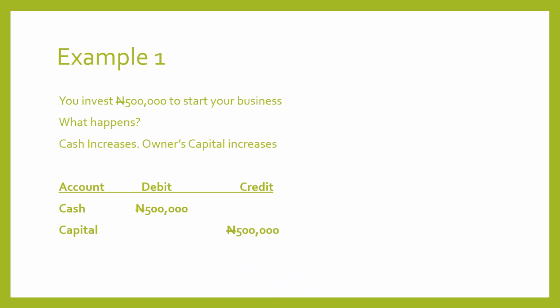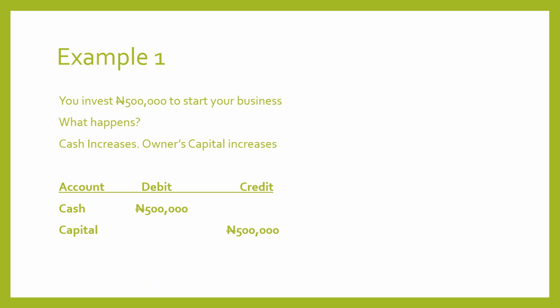Okay, now let's look at examples. Example 1. You invest 500,000 to start your business. Remember, for every entry, it has two sides. Now, in this question, you invest 500,000 to start a business. Now, this 500,000 is what? Cash. That is one account, cash account. And then you're investing it to start the business.